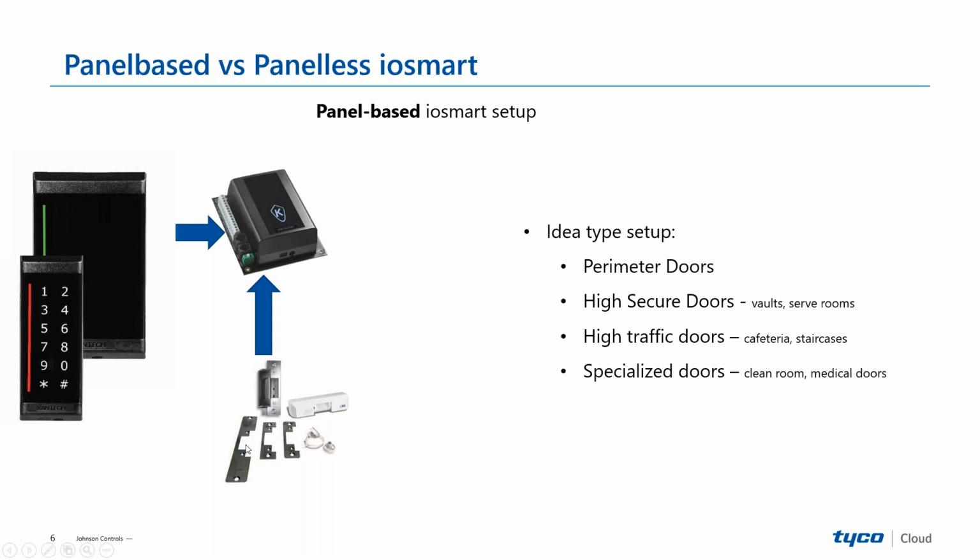You want to know where they've been, and the alarms. Any kind of specialty doors, like a clean room where you have a double door entry or anti-passback, card counting, or anything like that, go through the specialty doors, and that one is required for a panel-based environment.